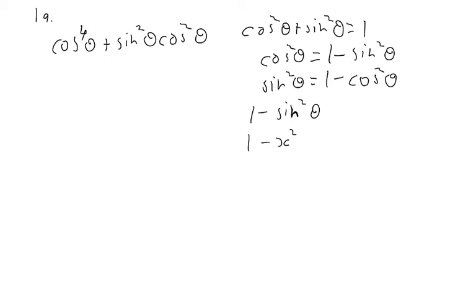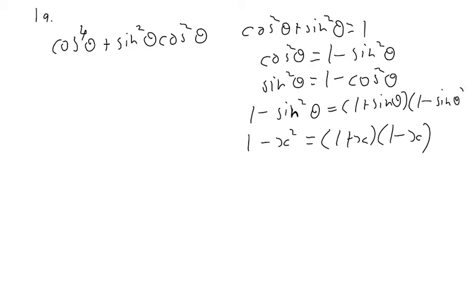That is the difference of two squares, okay? And if I asked you to factorize that, you'd get 1 plus x, 1 minus x. So 1 minus sine squared theta is also 1 plus sine theta, 1 minus sine theta, okay?